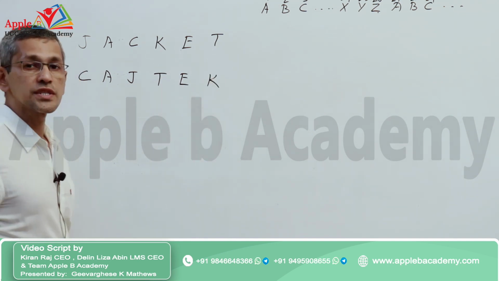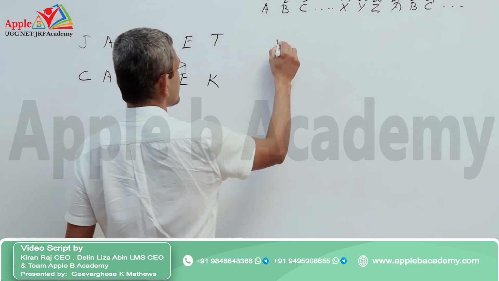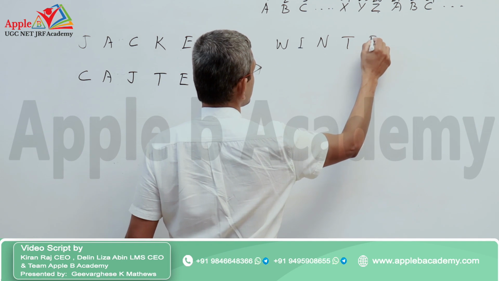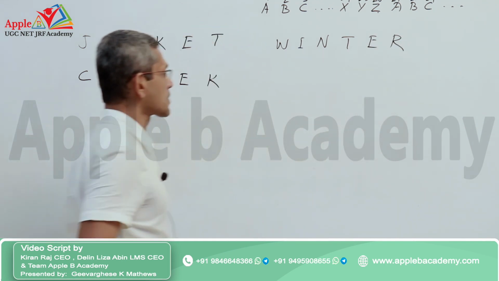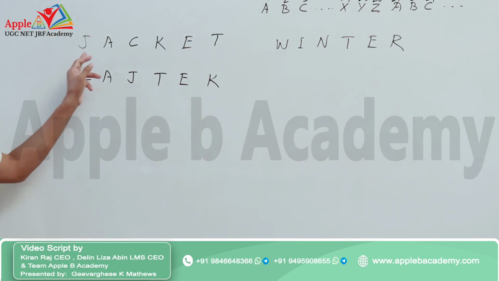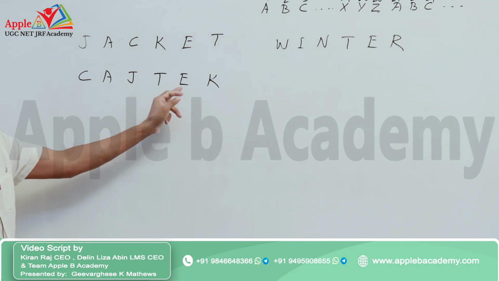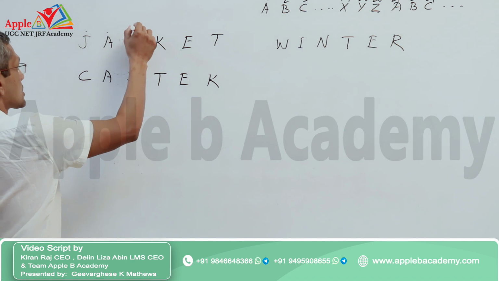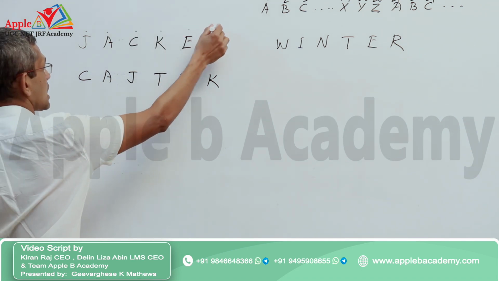Then what's the code for winter? So look at jacket, and this is the code for jacket. We have the letters J, A, C, K, E and T.